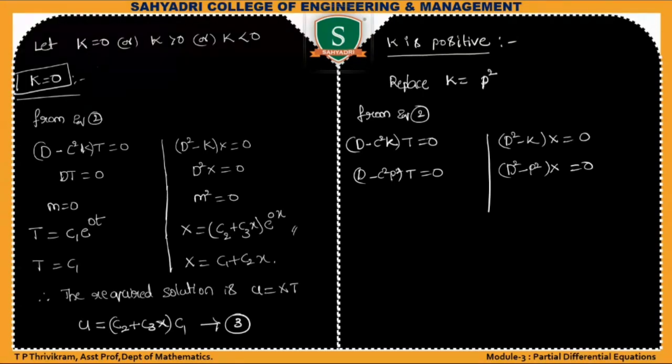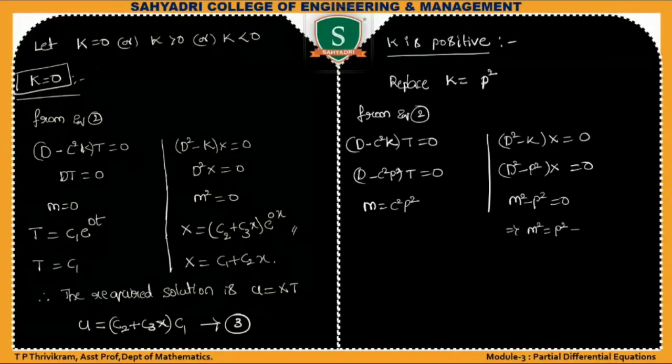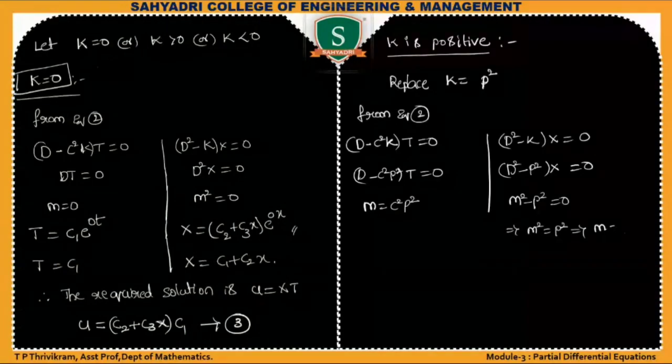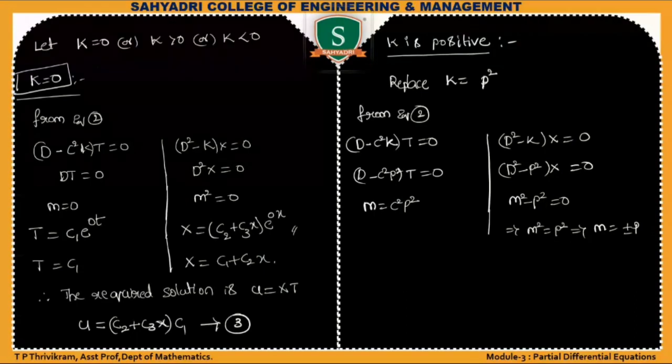Now I'll write the auxiliary equation for this. m is equal to c square p square. Similarly here m square minus p square equal to 0 implies m square equal to p square, which implies m is equal to plus or minus p. So we'll get this much. Therefore, what will be the solution?